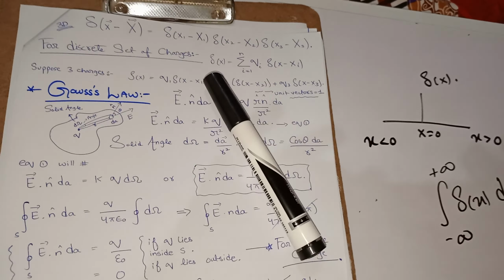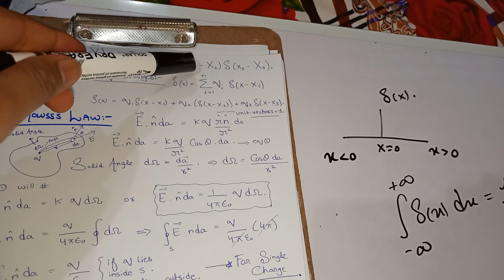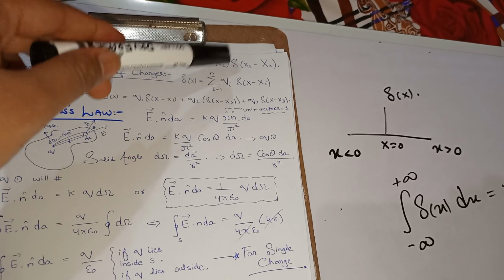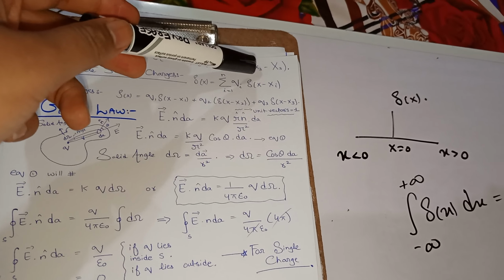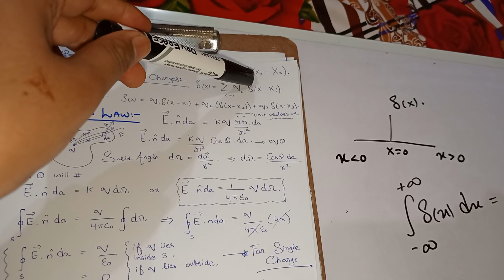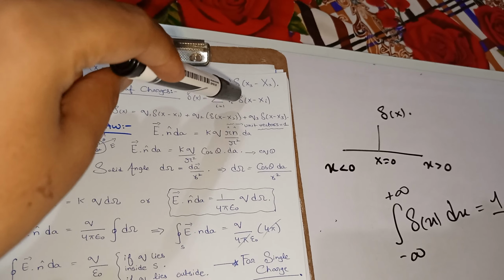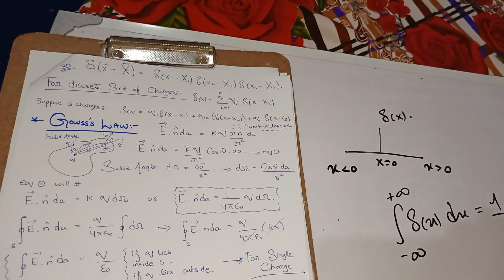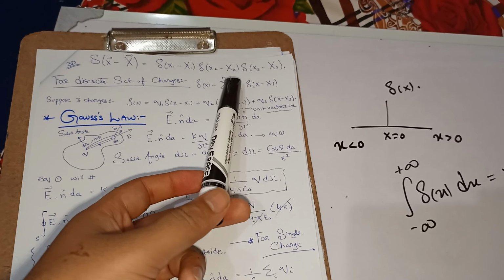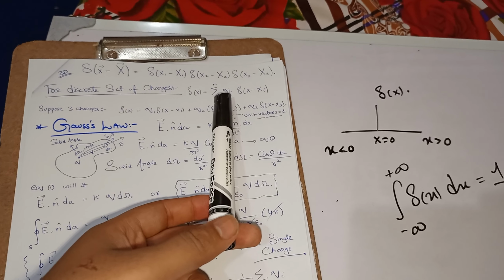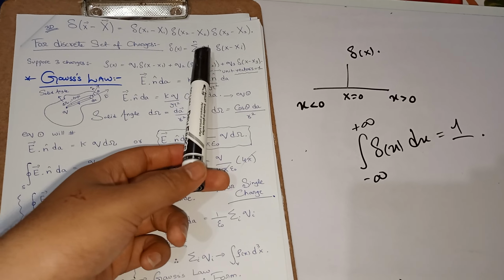So your charge density will become the summation from i equals 1 to n of the charge qi, multiplied with the Dirac delta function, delta of x minus xi. This is for when there are n number of charges and those charges are distributed discretely.